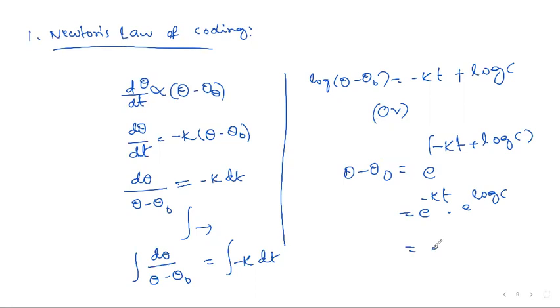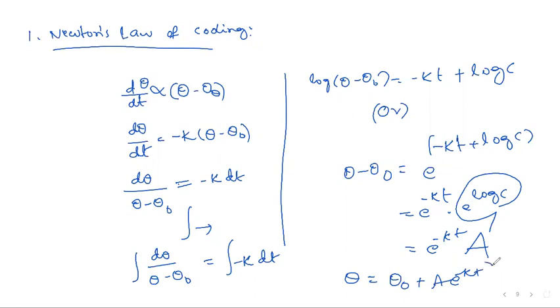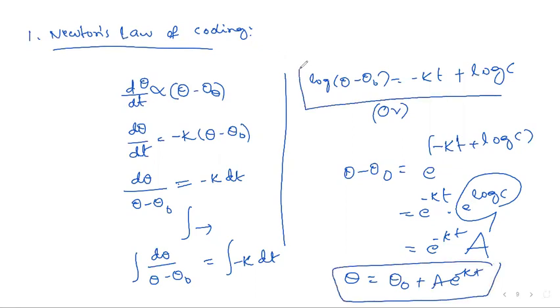Here c is a constant, so e power log c is also a constant. I am taking capital A, where capital A is equal to e power log c. So theta is equal to theta naught plus A into e power minus kt. This is Newton's law of cooling. Log of theta minus theta naught is equal to minus kt plus log c.